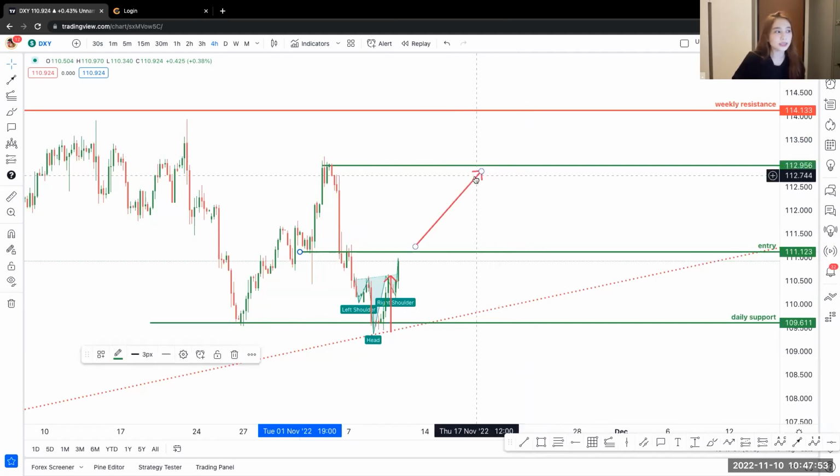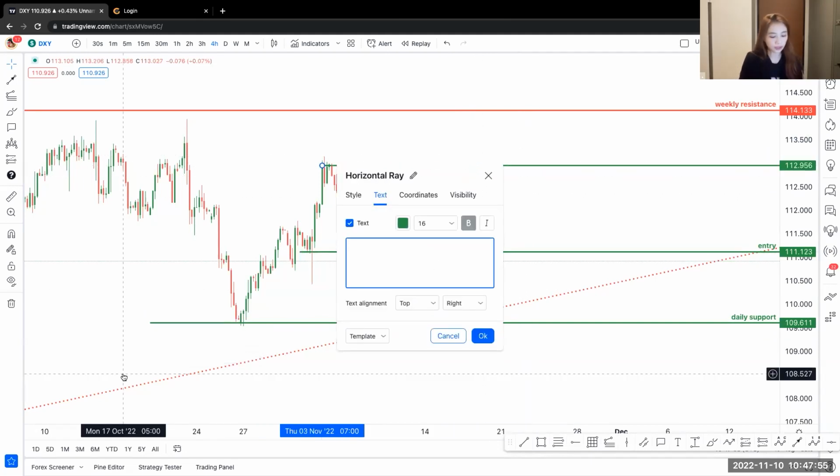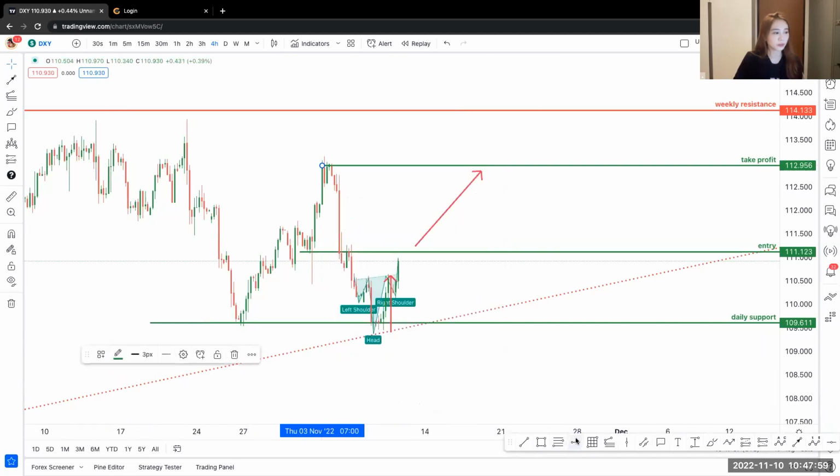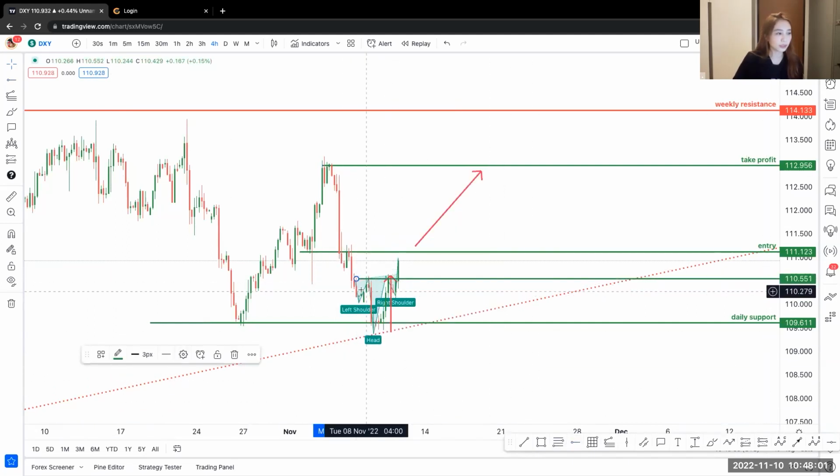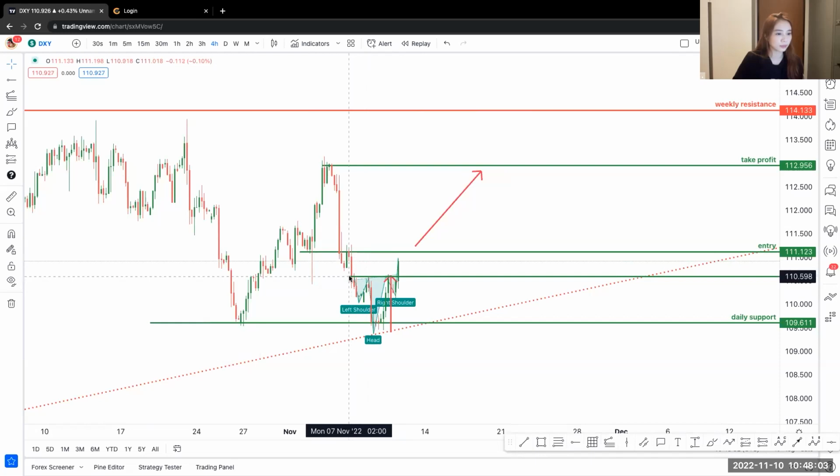Let's just say this is hypothetically the entry and this is the take profit. We will need a stop loss, putting it back at the neck.